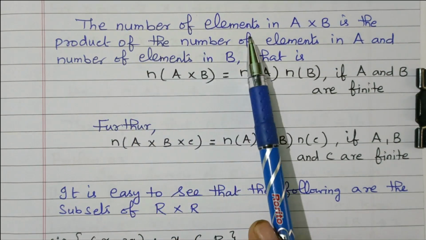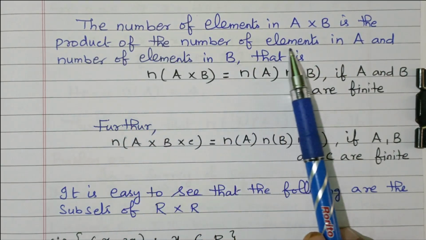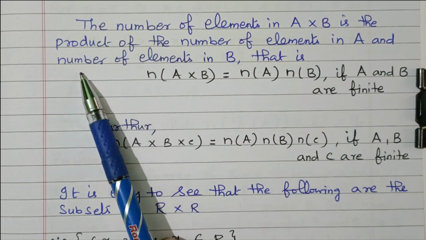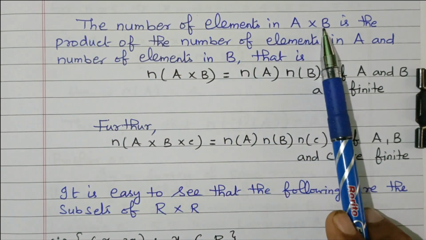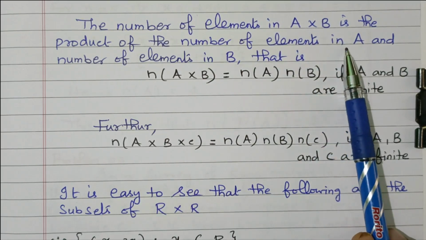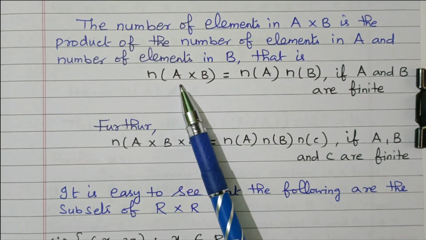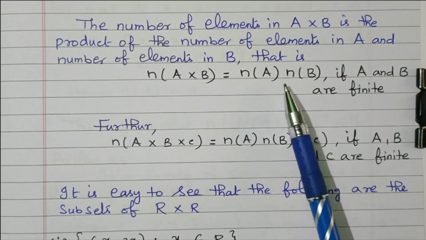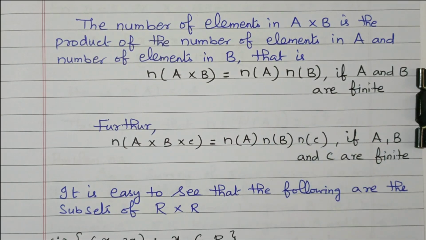Thus, the number of elements in A cross B is the product of the number of elements in A and the number of elements in B. Right? N of A cross B equals N of A into N of B, if A and B are finite.